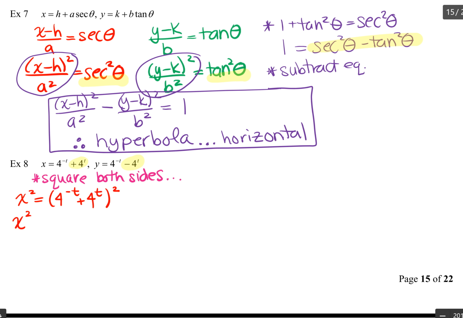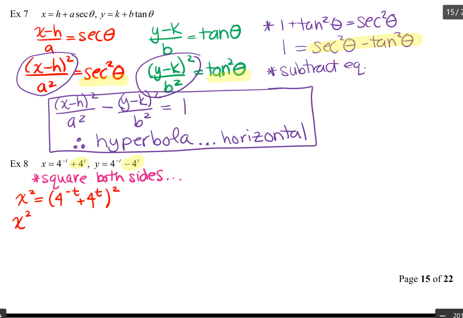So expanding that, I again have 4 to the negative 2t plus 4 to the positive 2t, and then in this case minus 2 times 4 to the negative t times 4 to the t, which the negative t and the t make 4 to the 0. So I simply have y squared equals 4 to the negative 2t plus 4 to the 2t minus 2.